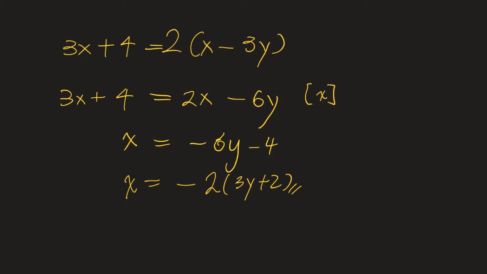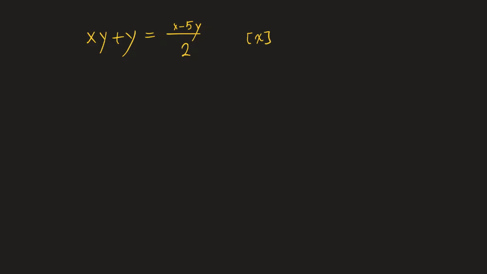And then sometimes it involves a fraction, so I'm going to tell you a quicker way to deal with it, and this time you are still going to make x your subject. So this time you have to move the 2 to another side.